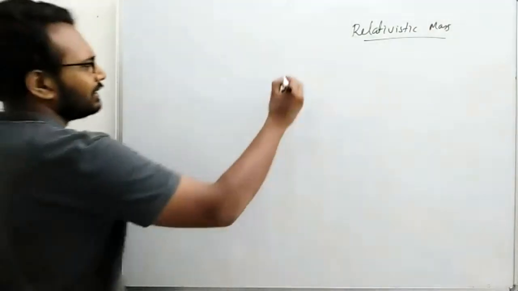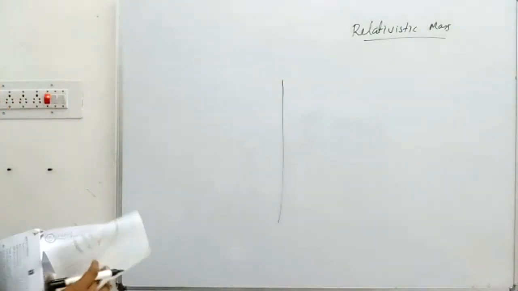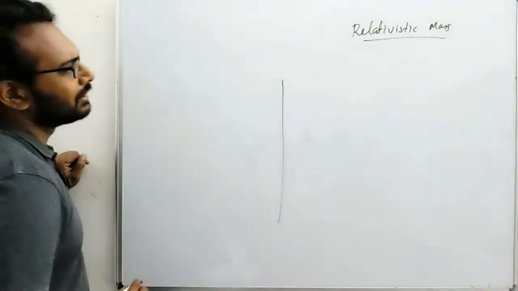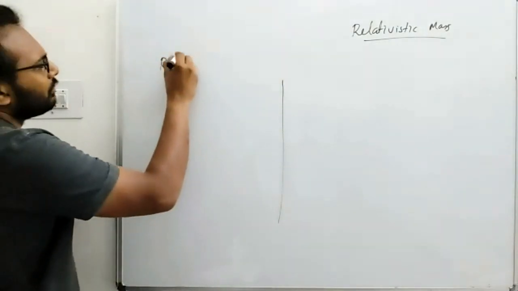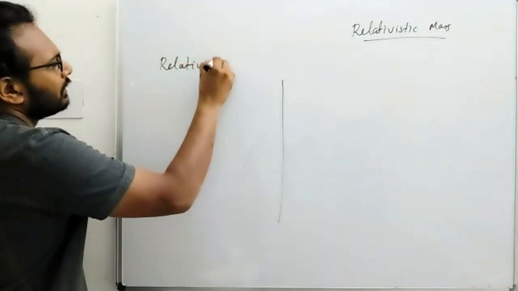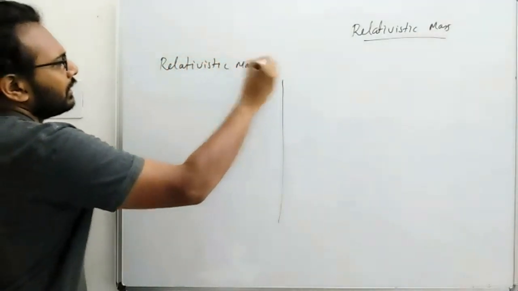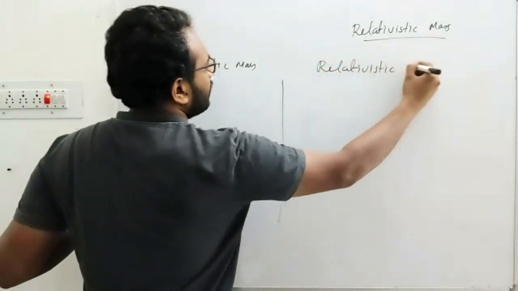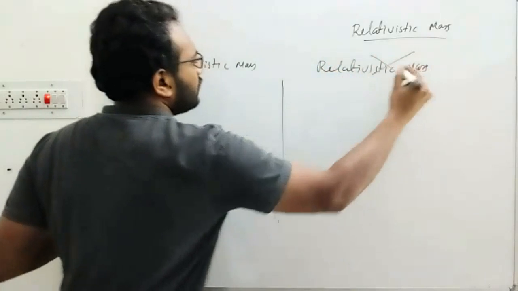So I'll just say these two concepts. We have got two ways of looking at it. There is this relativistic mass camp, and there's the camp where relativistic mass is not allowed. It's a bad idea.